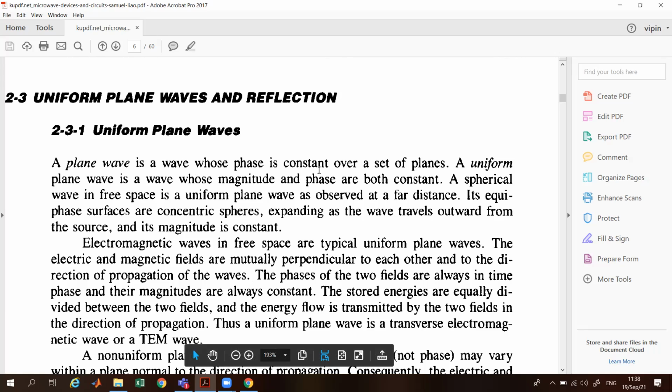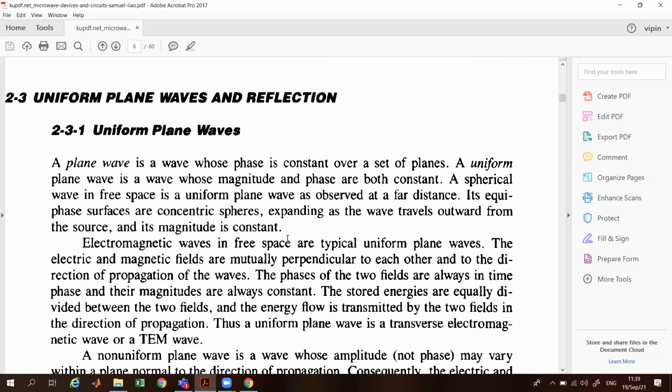A plane wave is a wave whose phase is constant over a set of planes. A uniform plane wave is a wave whose magnitude and phase are both constant. A spherical wave in free space is a uniform plane wave as observed at a far distance. Its equiphase surfaces are concentric spheres expanding as the wave travels outward from the source, and its magnitude is constant.